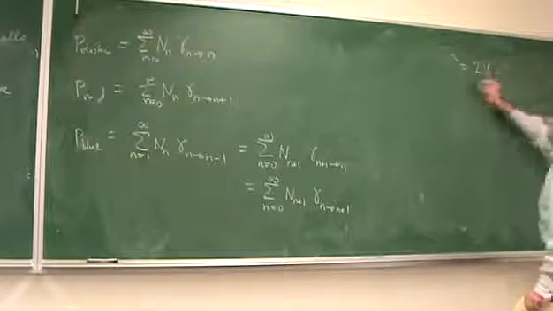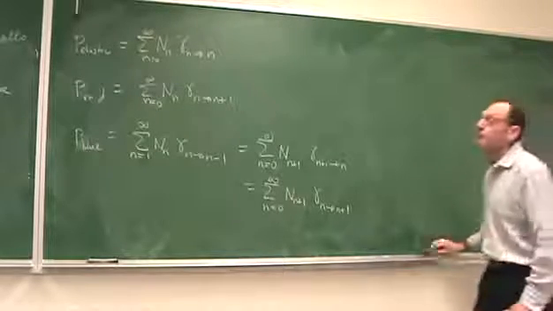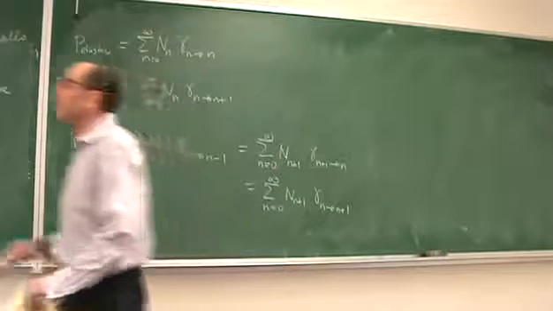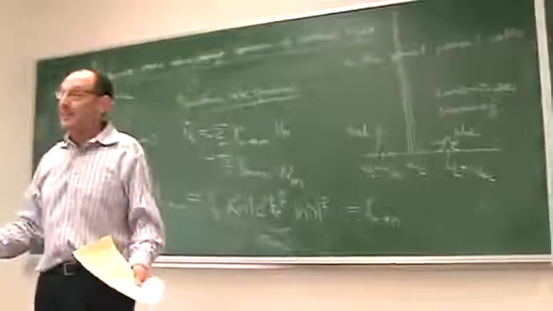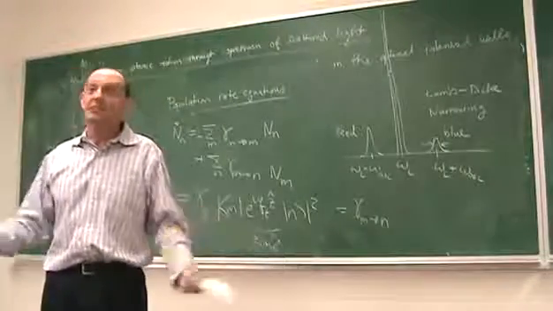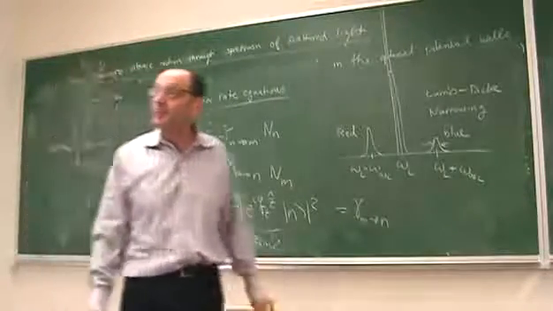this distribution of populations in steady state is a thermal distribution, then we know what the populations are in those different levels. It's given by the Boltzmann distribution.